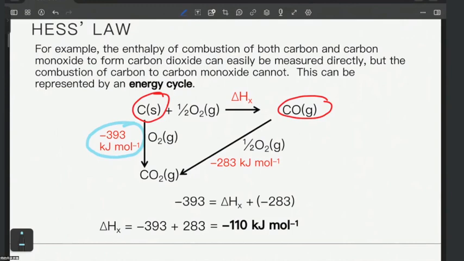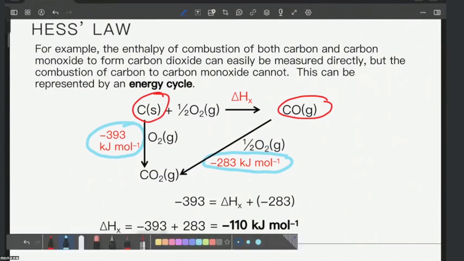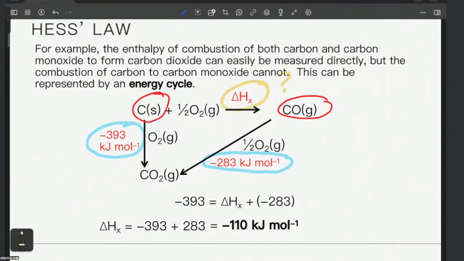And for carbon monoxide, it releases energy of minus 283 kilojoules per mole. But in our experiment, it's really hard to measure this enthalpy directly. So we need to calculate through an energy cycle.